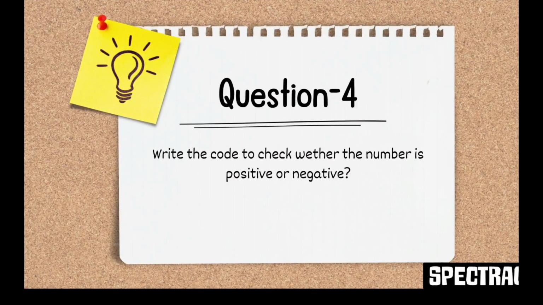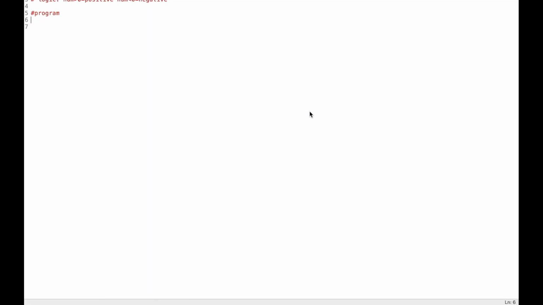The next question is write the code to check whether the number is positive or negative, which is asking to check if a number is positive or negative. The logic we are going to use here is if the entered number is greater than 0, then we can say it is positive, and if the number is less than 0, we can say it is negative. N equals int input, enter the number.